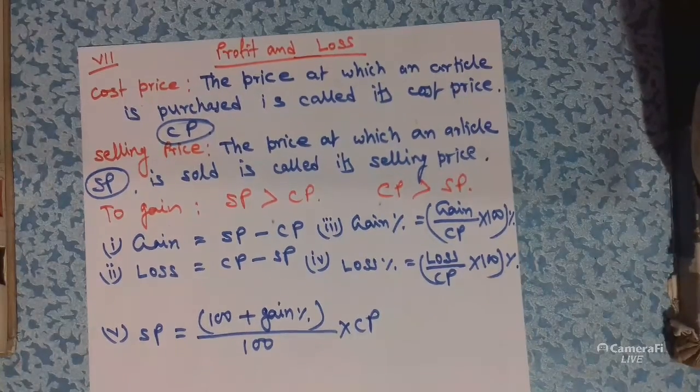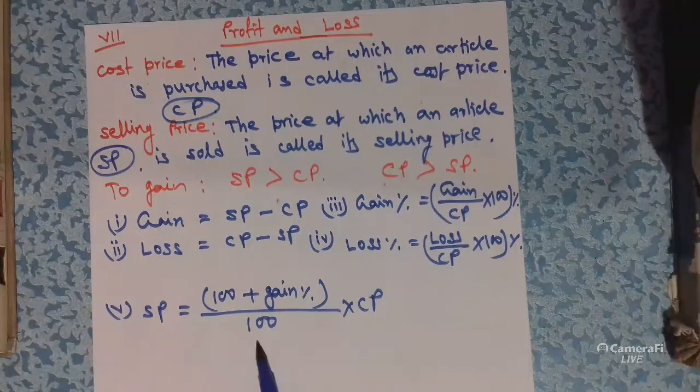This is the formula to find the selling price when cost price and gain are given. 100 plus gain percent by 100 multiply CP.